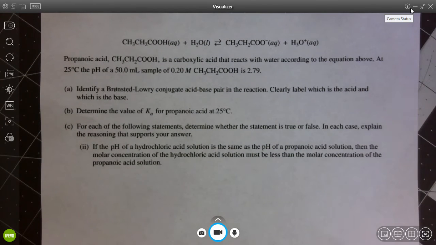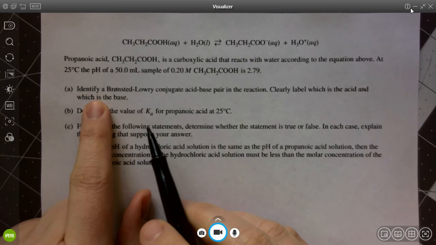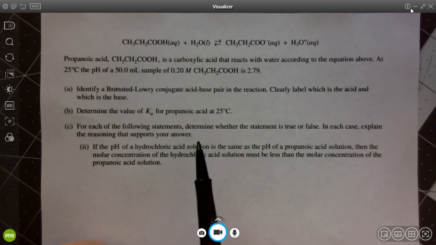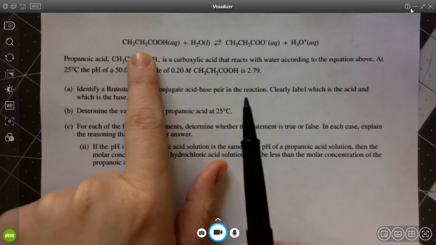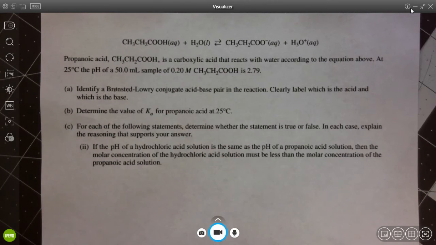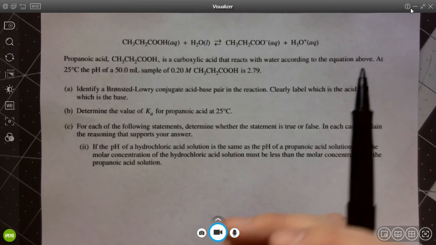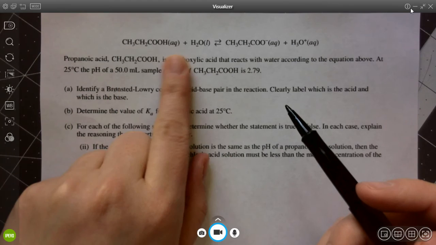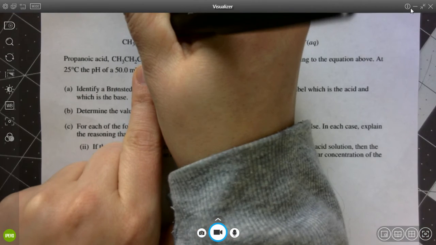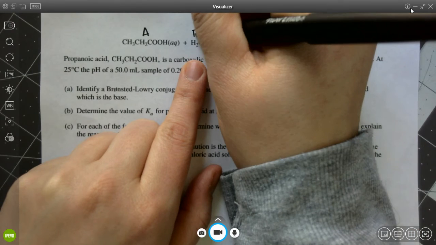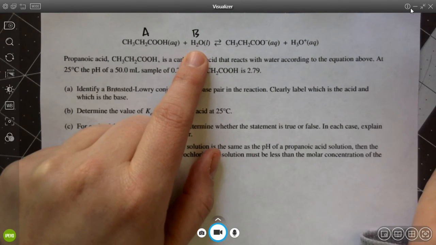All right. Question A asks me to identify a Bronsted-Lowry conjugate acid-base pair in the reaction and clearly label which is the acid and which is the base. If we look at our combination here, and you remember your conjugate acid-base pairs, you have to identify your acid, your base, your conjugate acid, and your conjugate base. Our acid is going to be this one here, because they tell us it is, and that makes H2O our base in Bronsted-Lowry terms.